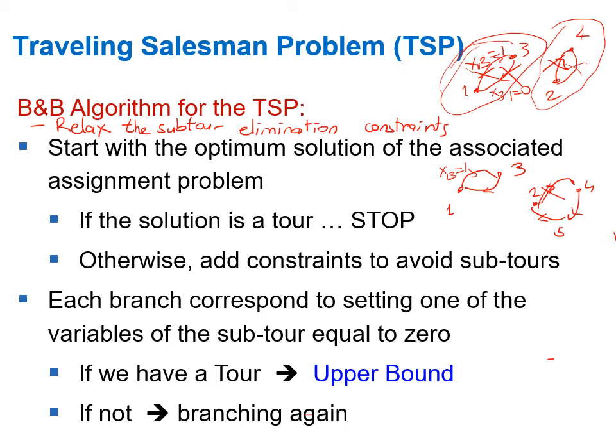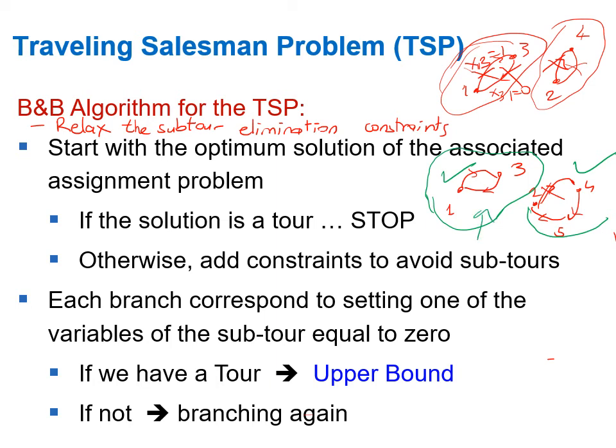Will you prefer this alternative with 2 cities or this alternative with 3 cities? Both of them will prevent the subtours. Which one will you prefer? If you select this alternative, you will branch into 2. If you select this alternative, you will branch into 3. Since it is easier to branch into 2 and it's less time demanding, we select this alternative.